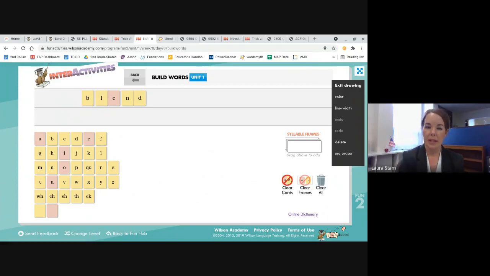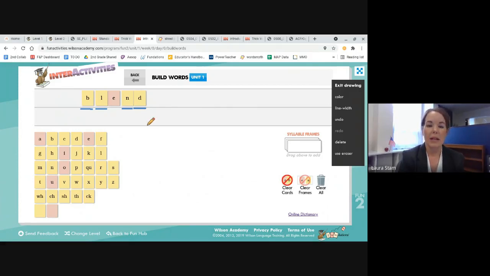Blend. Now, blend is kind of cool because it has blends in it, consonant blends. So let's mark this. And remember, we mark each consonant by itself. So BL at the beginning and ND at the end.